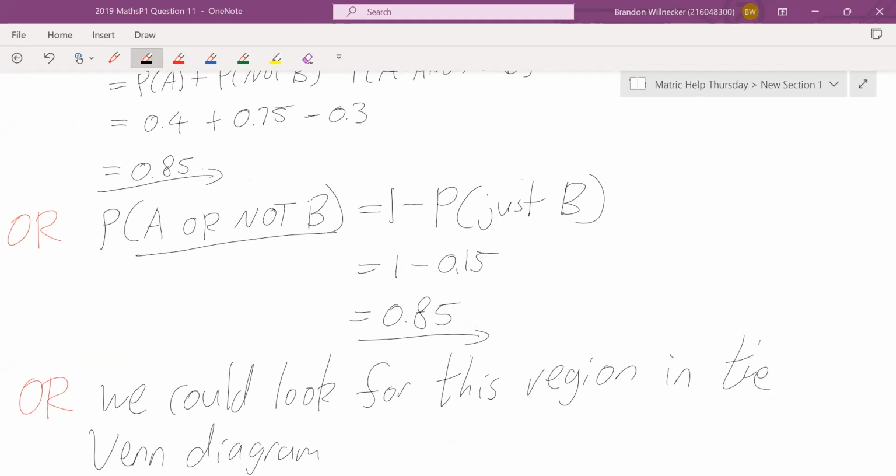However, this method is not recommended. The reason I say it's not recommended is because if you make a mistake in your Venn diagram, then this will be wrong as well. If you got a mistake in your Venn diagram and you use the Venn diagram for other questions, those will also be marked wrong. So just be careful of that.